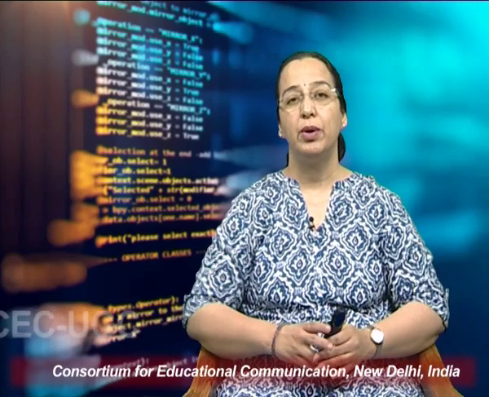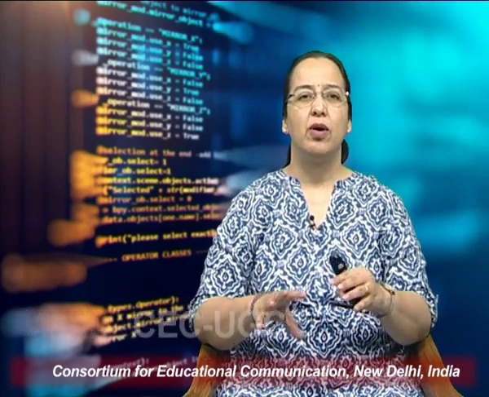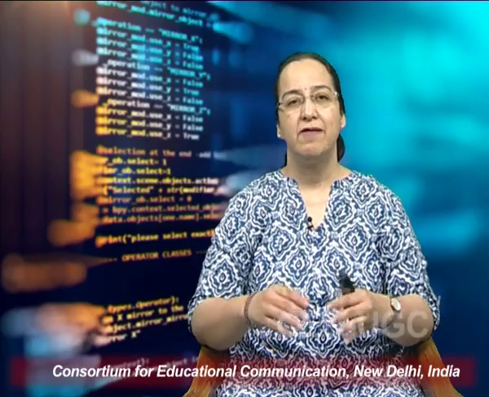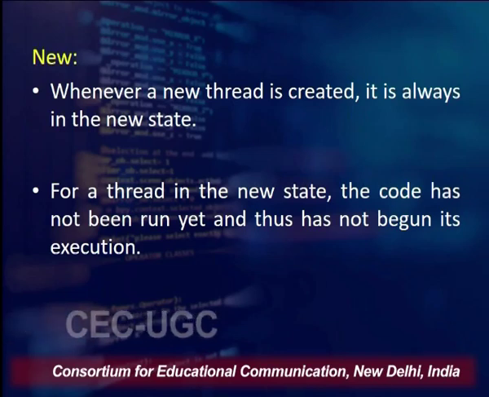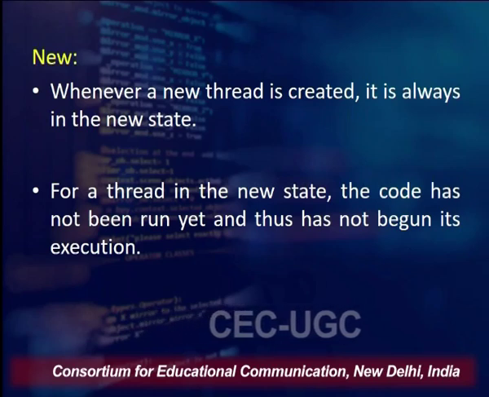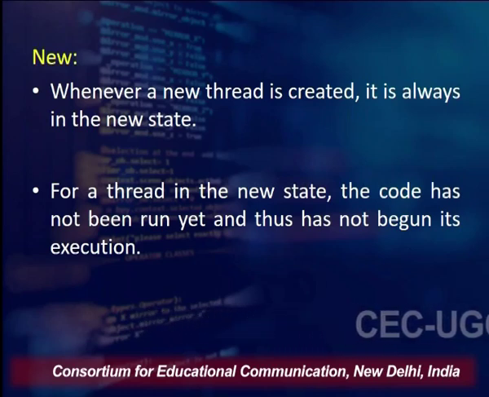So when we talk about new, it's self-explanatory. Whenever a new thread is created, it is always in the state new, and for a thread which is in the new state, the code has not been run yet.